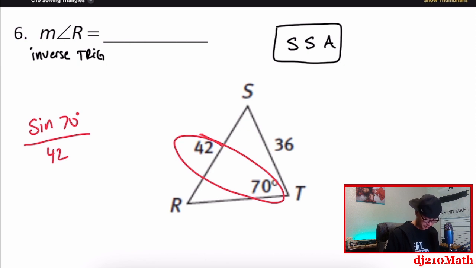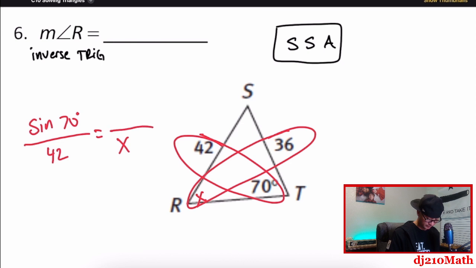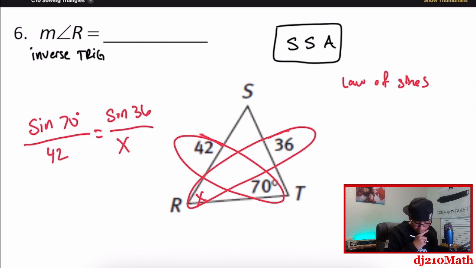Here, the measurement of angle R, call it x. So sine of 36 over x. And again, law of sines. In this particular case, this is law of sines. So again, cross multiply and divide.